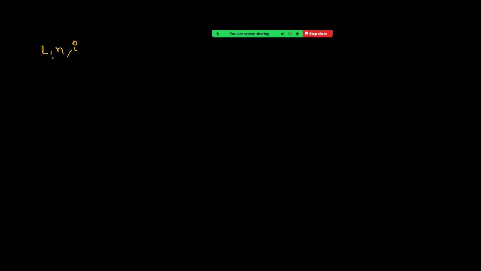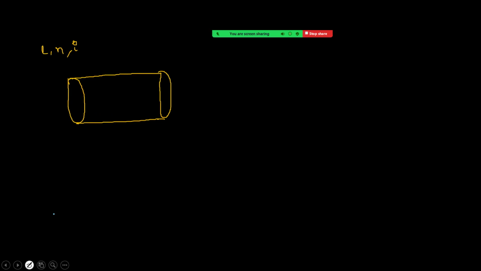Now see first what he is saying. Consider a length dx of the solenoid at a distance x from one end. Suppose this is the solenoid. Let us take it from one end, at a distance x.